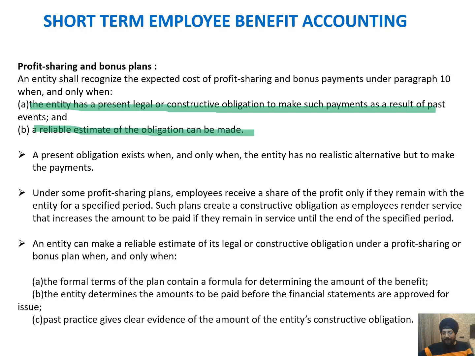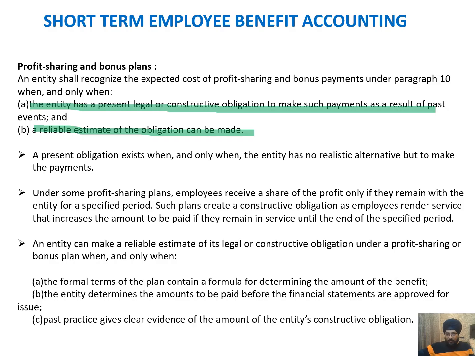If the entity has fixed the amount to be paid to the employee based on the rule or logic on which it was agreed, and that has been crystallized or achieved, then it is an obligation on the organization to create that liability.